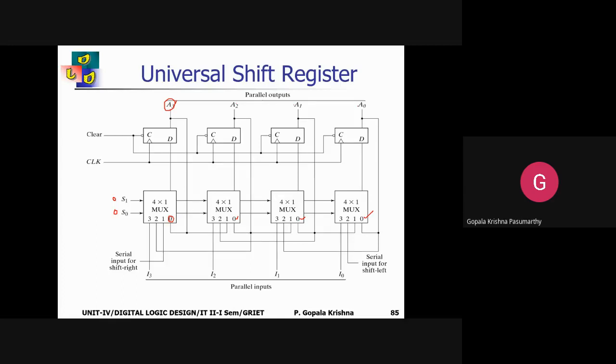Now let us see what this 0th input is. This 0th input is coming all the way from A3, so we will get A3. This 0 input is coming all the way from A2, so we call it A2. This 0 input we are getting from A1.